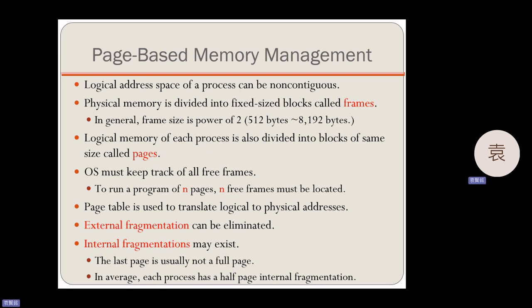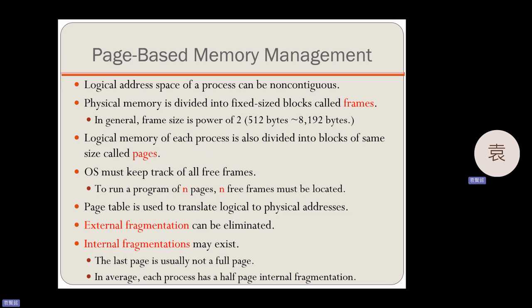But internal fragmentation still exists, because the last page of a process usually is not a full page. On average, every process would have half a page of internal fragmentation, because it's almost impossible for the required memory of a process to be exactly n pages.